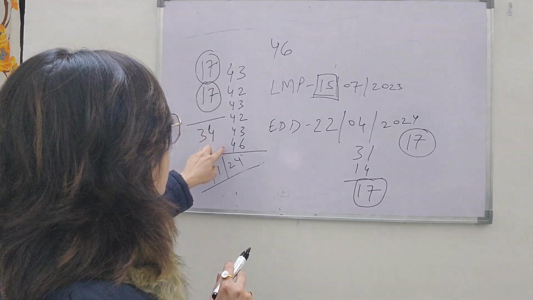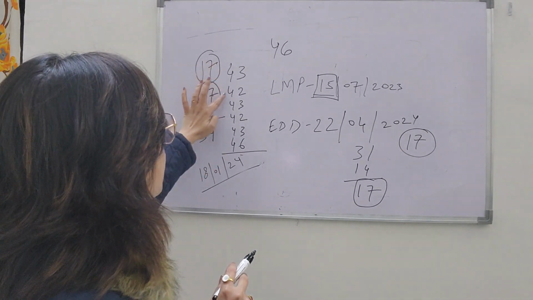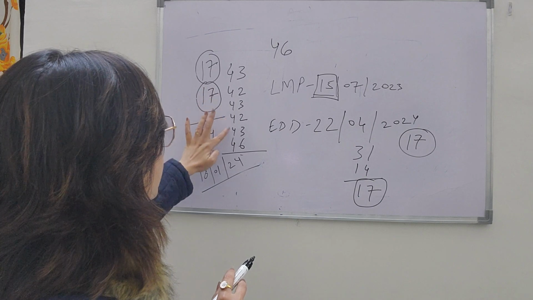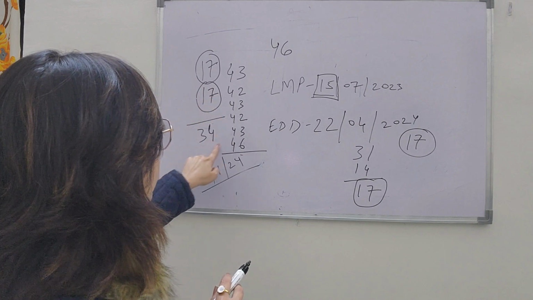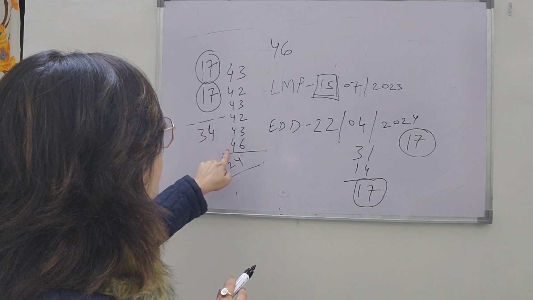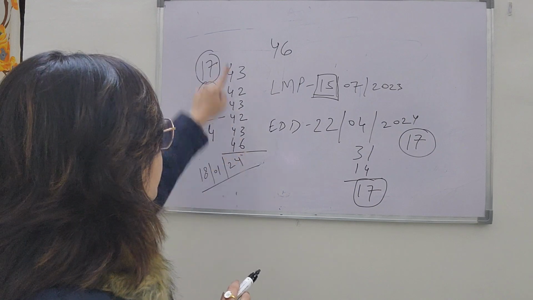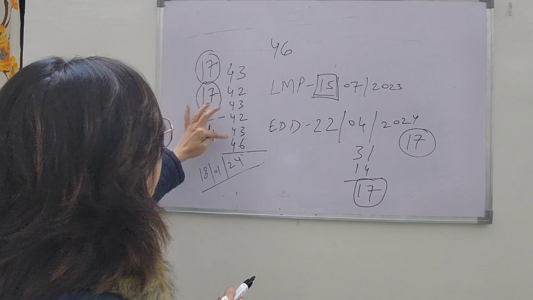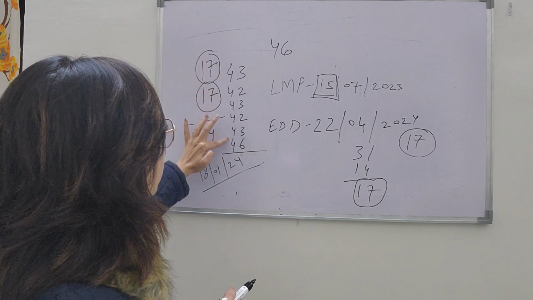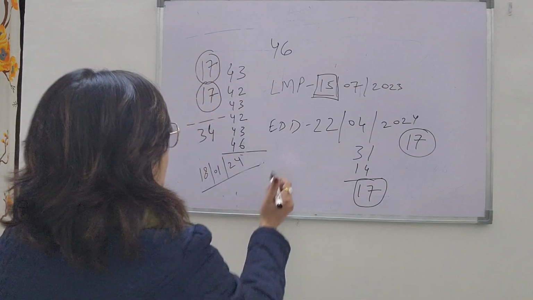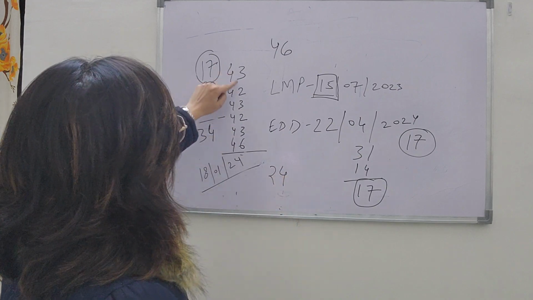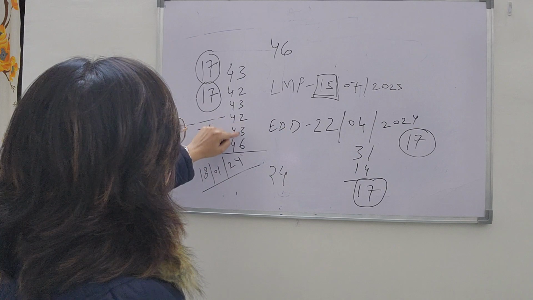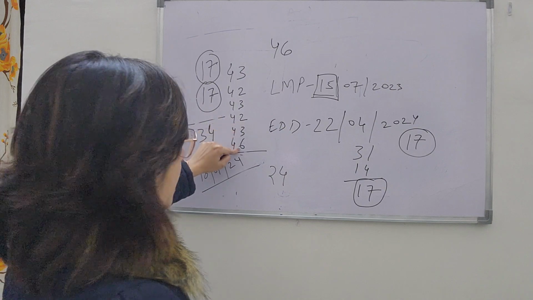What about other months after July? August, September, October, November, December, right? And these 34 days we converted as 4 weeks 6 days. So we add all of them in weeks: 1, 2, 3, 4, 5, 6. So 4 sixes are 24 weeks. Then we add these days, 3 plus 2 is 5, plus 3 is 8, plus 2 is 10, plus 3 is 13, and 6, 19 days.